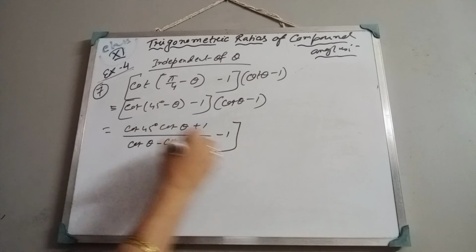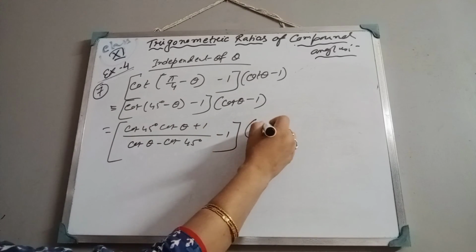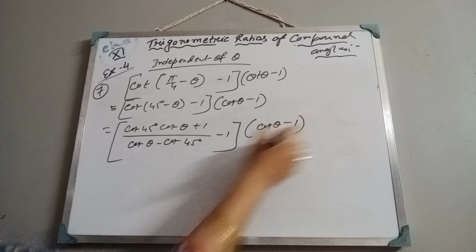Just put the bracket, and it is cot theta minus 1.